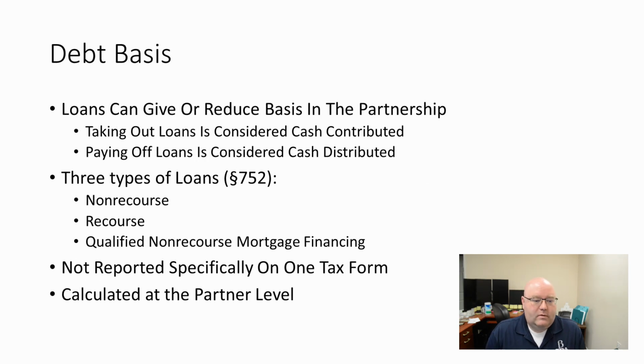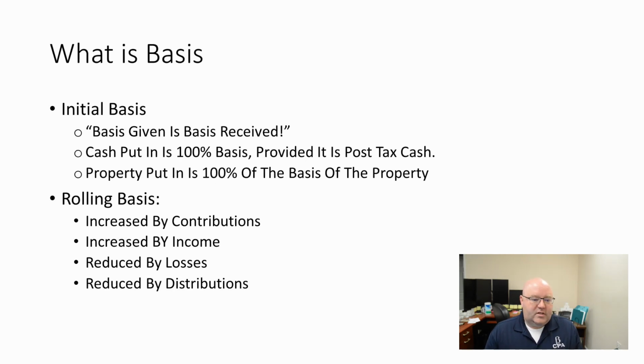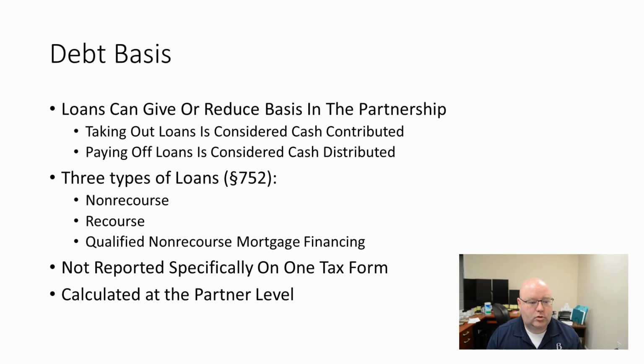Now we talk about basis, and if you take a look at the previous slide, all of this is basically capital-based basis. So, for example, it's cash, property, things of that nature. Partnerships have a very unique attribute where they can actually receive what's called debt basis. Now, all you S corporation guys out there, well, we can get debt basis from S corps too. Yes, you can, but it's a little bit more difficult to do.